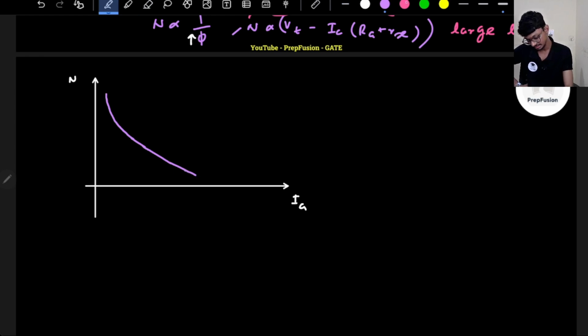So in this region it will behave like a rectangular hyperbola because it is 1 by phi, and that is the graph for a rectangular hyperbola. And this will be linear reduction.